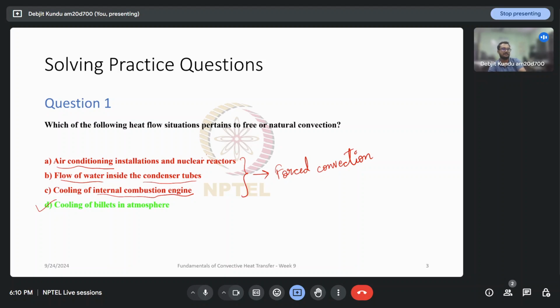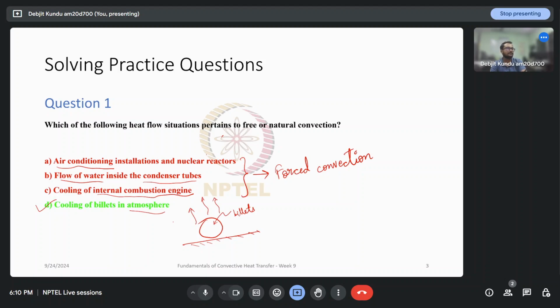So billets are a stage of metal processing where large blocks of metal, known as billets, are allowed to cool in atmosphere, and they are simply kept in the atmosphere and no air is blown or anything about them. They just cool due to natural convection primarily.